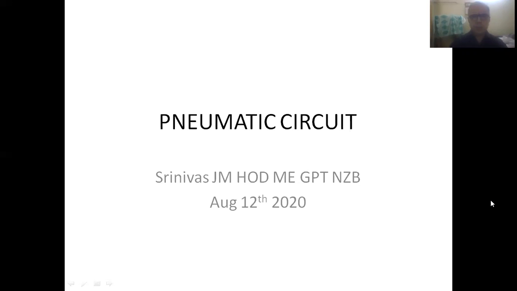Fluid power systems. We have three types of systems, namely hydraulic systems, pneumatic systems, and hydro pneumatic systems. Here a fluid is very essential for operating a system, and that is called a working substance. If oil is used for operating a system, it is called a hydraulic system.